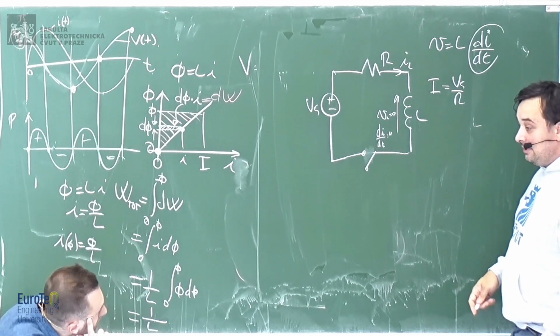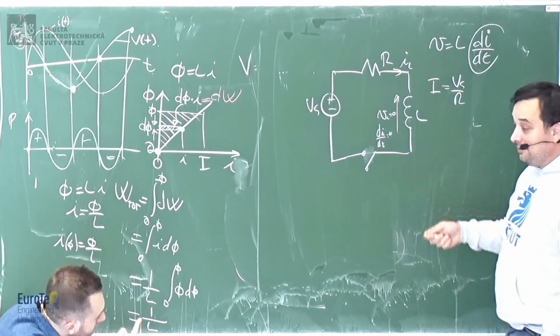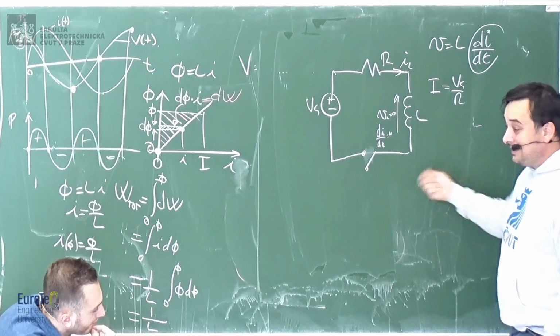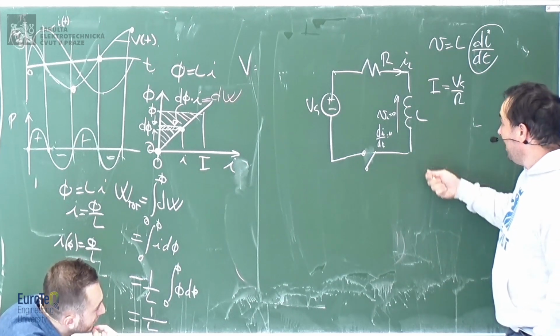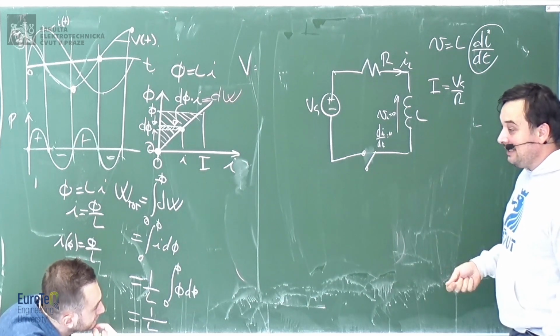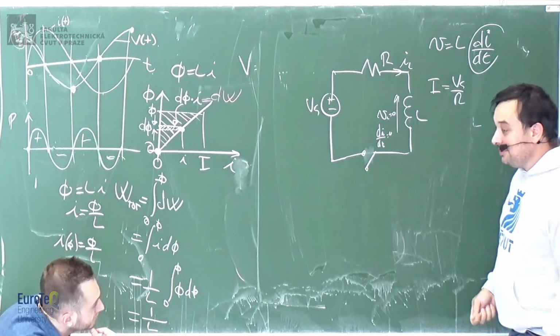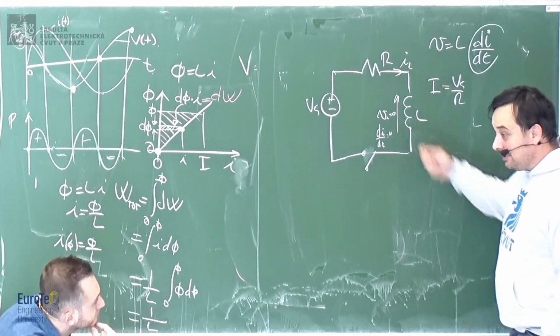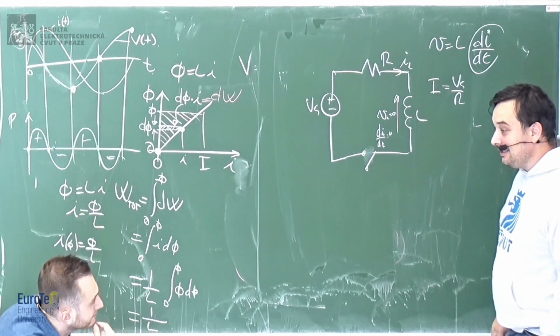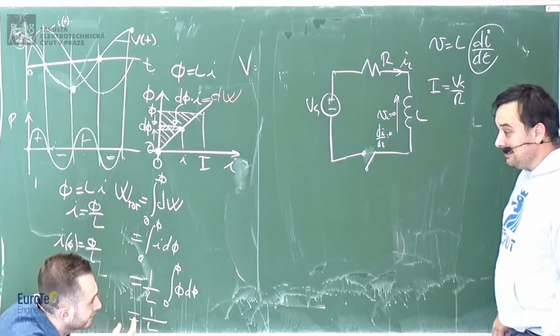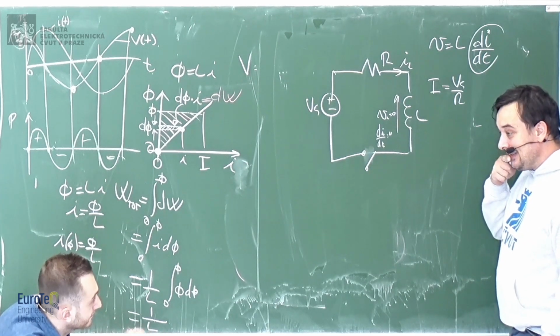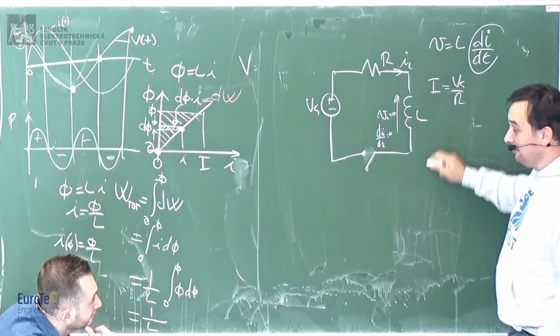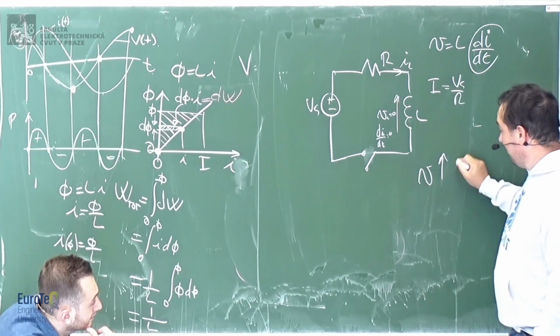So you cannot do it. And you tell me, haha, look, now I'm going to do it. I open it and I create a step, because one moment before I had 1 ampere running and now I open it. In zero time, I'm going to have an instant spike because the derivative of I is now infinity. Which means that the voltage is infinity.